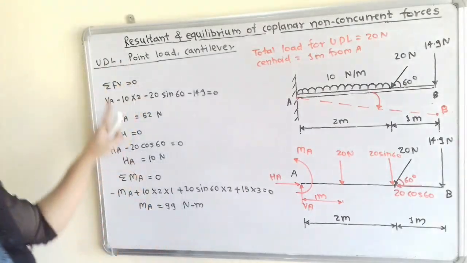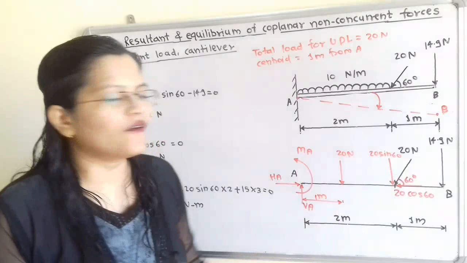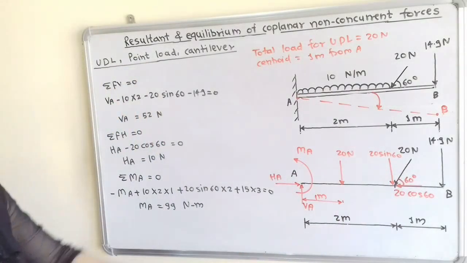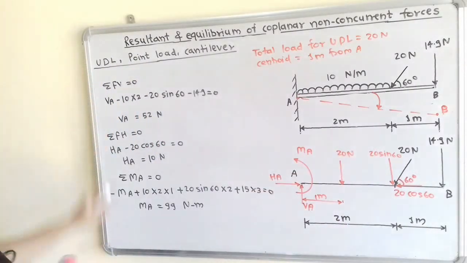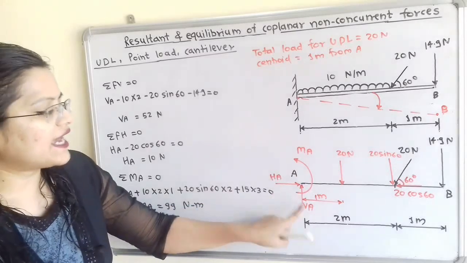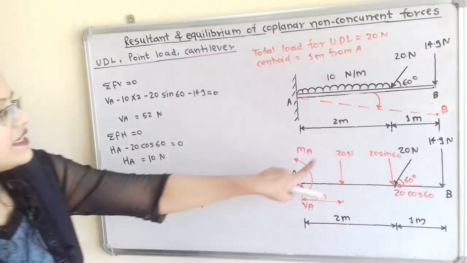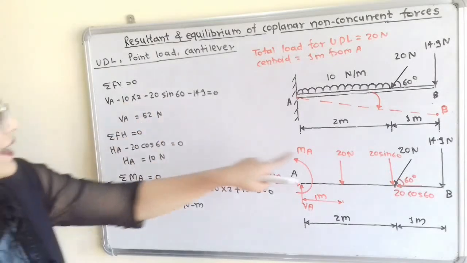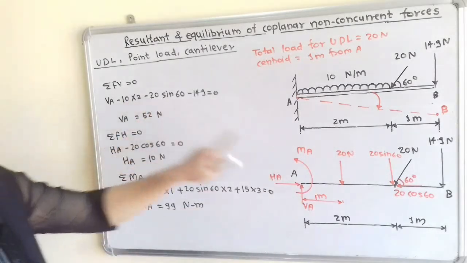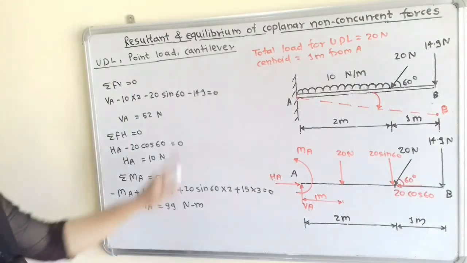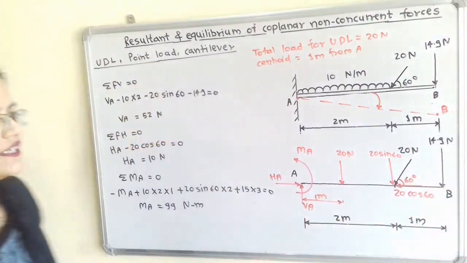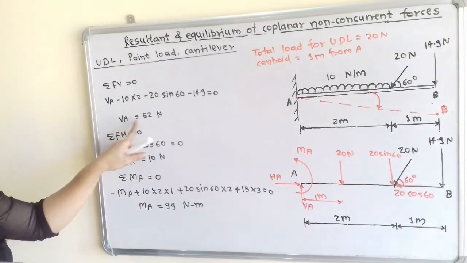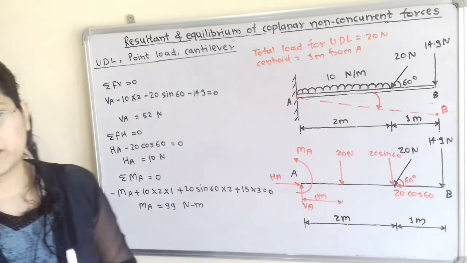First we will take summation of all vertical forces equal to 0. Which are the vertical forces? First, in the upward direction VA, then in the downward direction 20, so we take minus sign, minus 20, then minus 20 sin 60, then minus 14.9 is equal to 0. So VA is equal to 52 Newton.